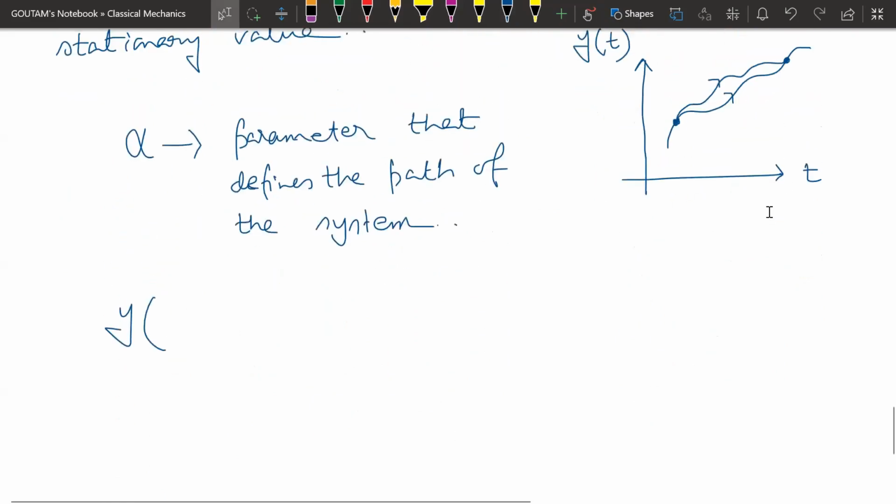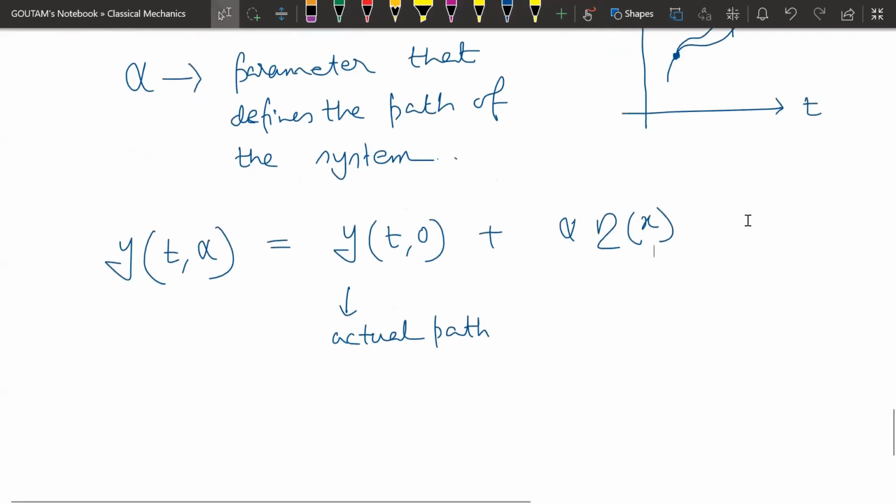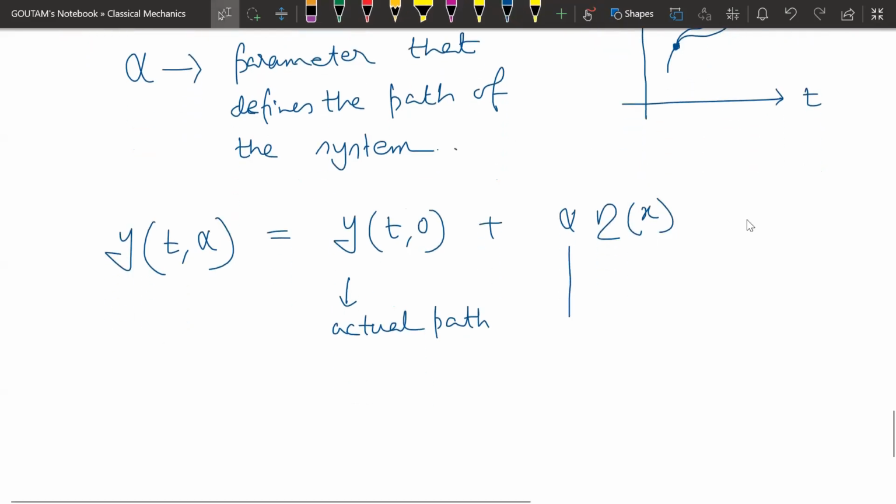In that case, y will be a function of t and alpha, equal to y(t, 0), which is the actual path, plus alpha times eta(t), where alpha tends to 0.